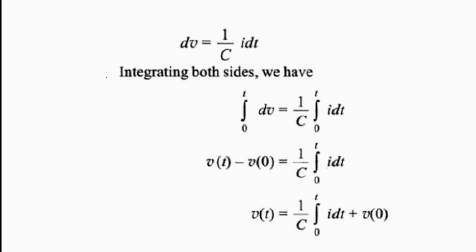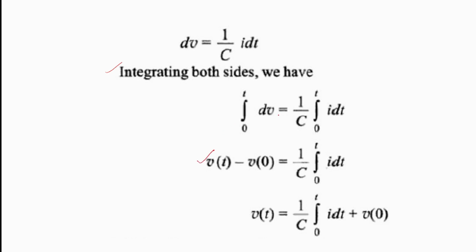Now if I want to modify it again to consider the initial voltage, because the capacitor works as a storage element that stores energy in the form of an electric field, we need to consider the initial voltage.